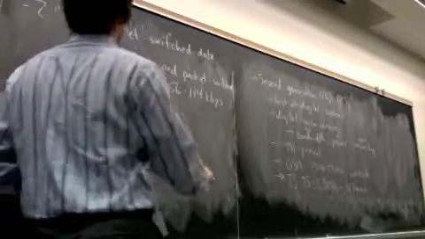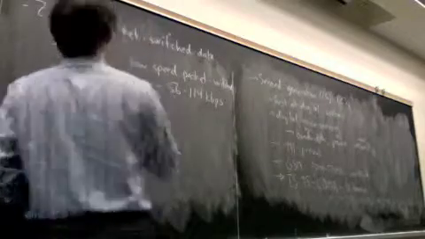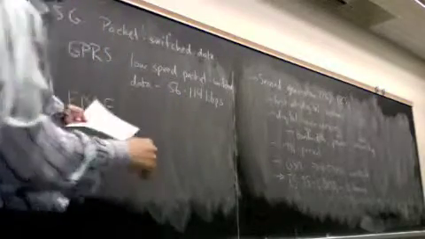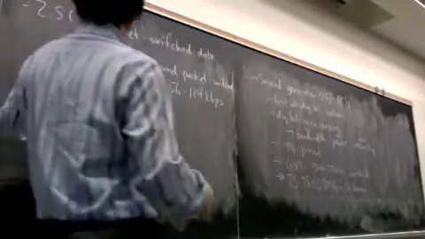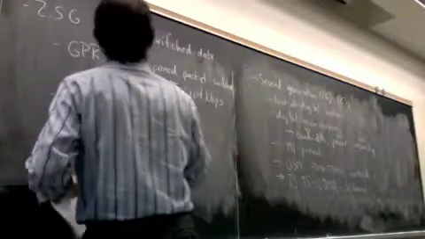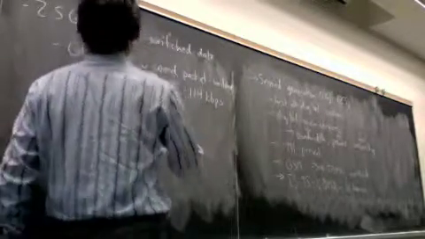The other protocol, which I can't remember what it stands for right now, is EDGE. I think the G stands for GSM, but I can't remember exactly how. Yeah, evolved, blah, blah. That's right. This is slightly higher speeds.